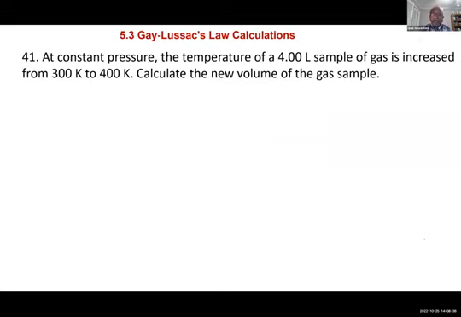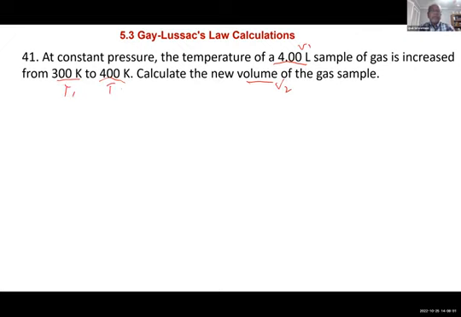Now, this is a problem at constant pressure, sample of gas. That means P constant, N constant. Volume is given. Temperature is given. Calculate the volume. That's V2, final volume. That's V1. That's T1.